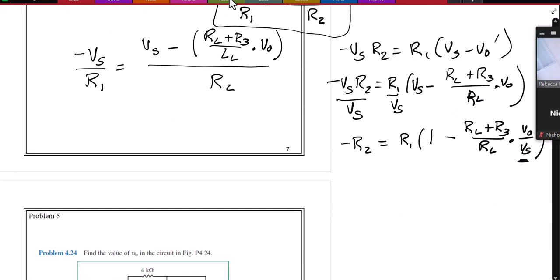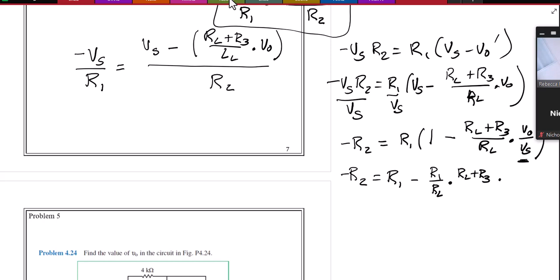So I'm almost there. Now if I distribute this R1, minus R2 equals R1 minus R1 over RL times RL plus R3 times V out over Vs.